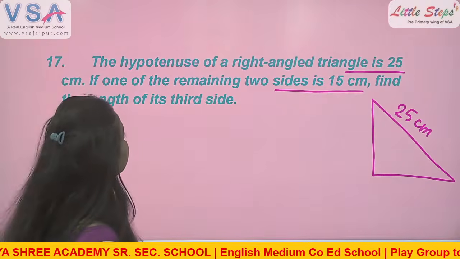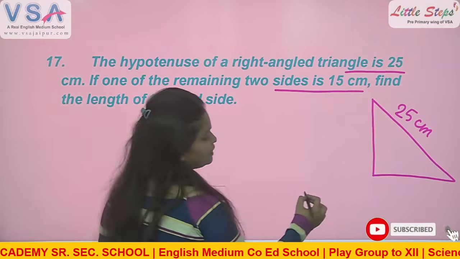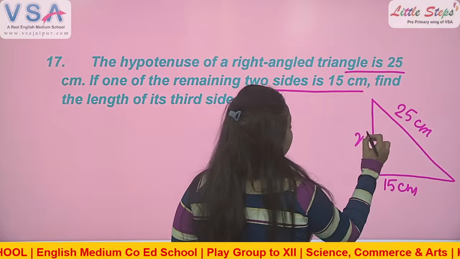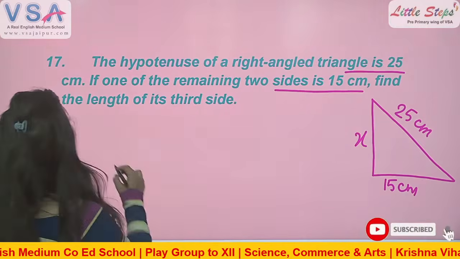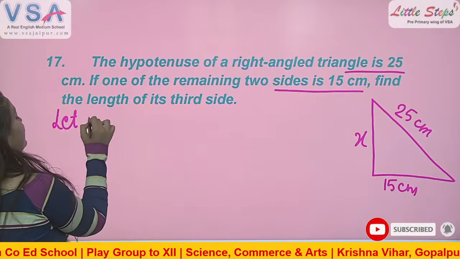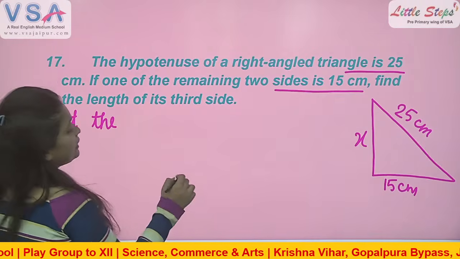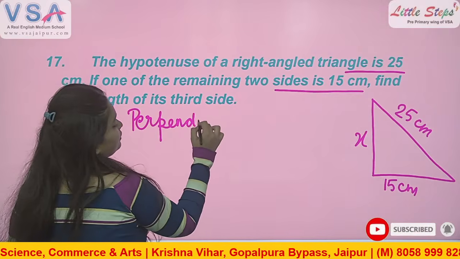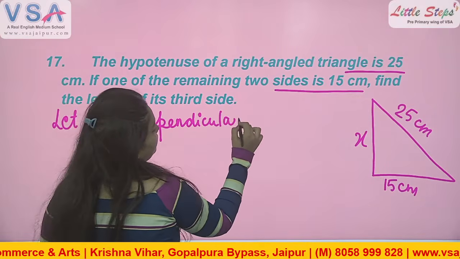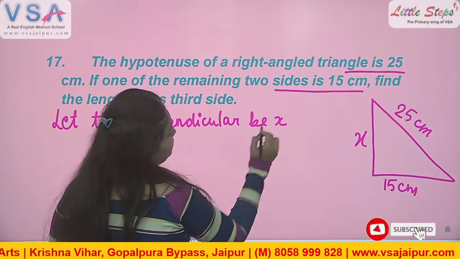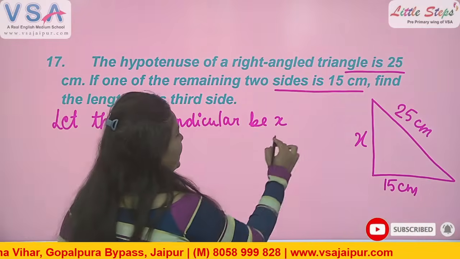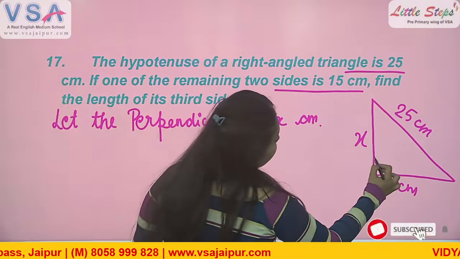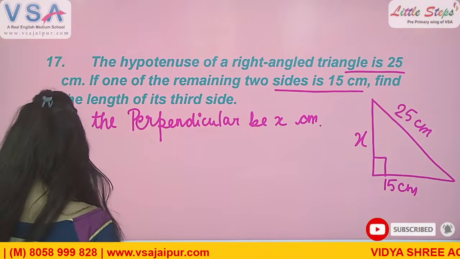Then दोनों साइड में से कोई एक साइड दे रखी है हमें 15 सेंटीमीटर, and the third side, let the third side, the perpendicular, be x सेंटीमीटर.